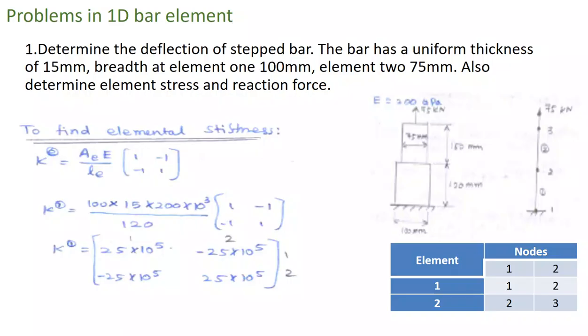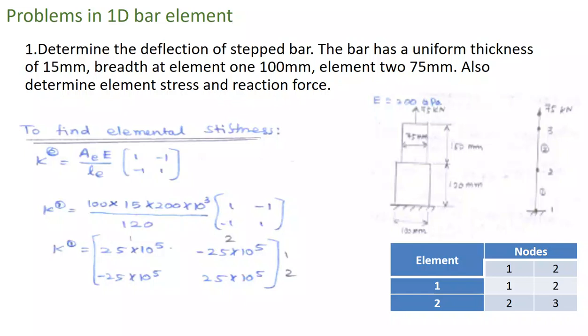The finite element equation for finding the stiffness matrix is AE divided by L, times the matrix [1 -1; -1 1]. A means the area of the particular element, E is the Young's modulus of the particular element, and L is the length of the particular element. For the bottom element, we want to find the area.